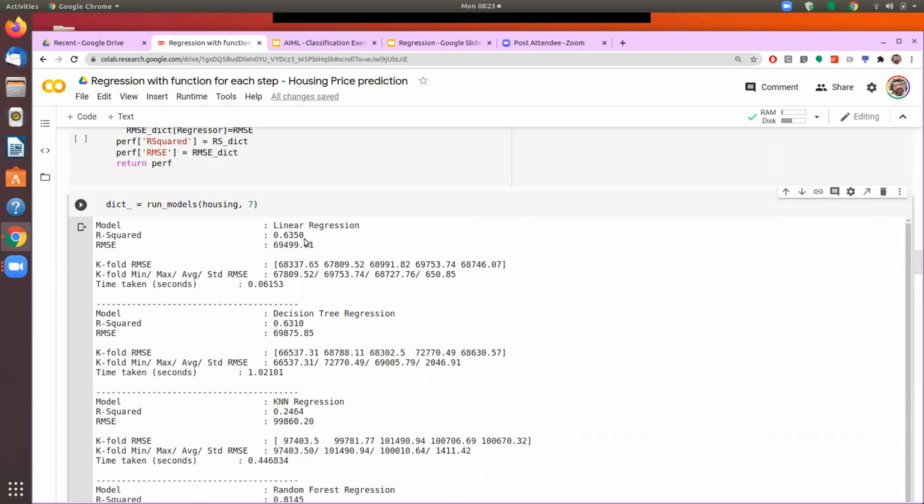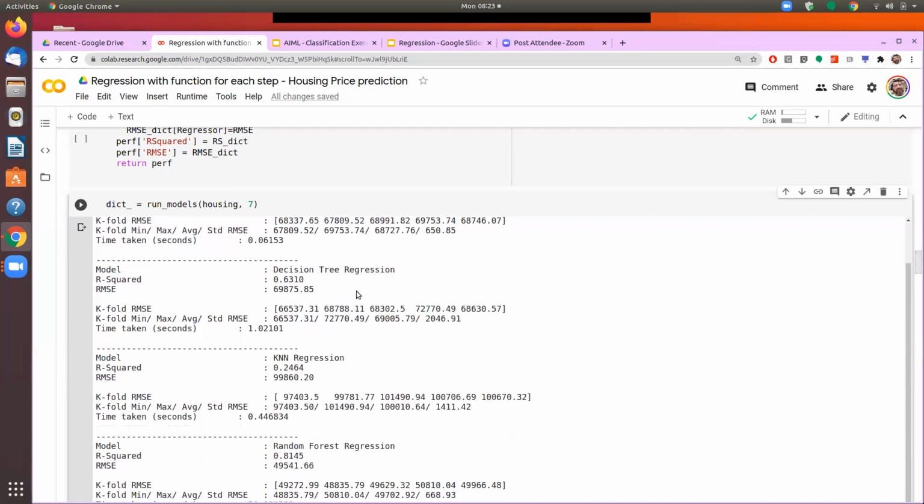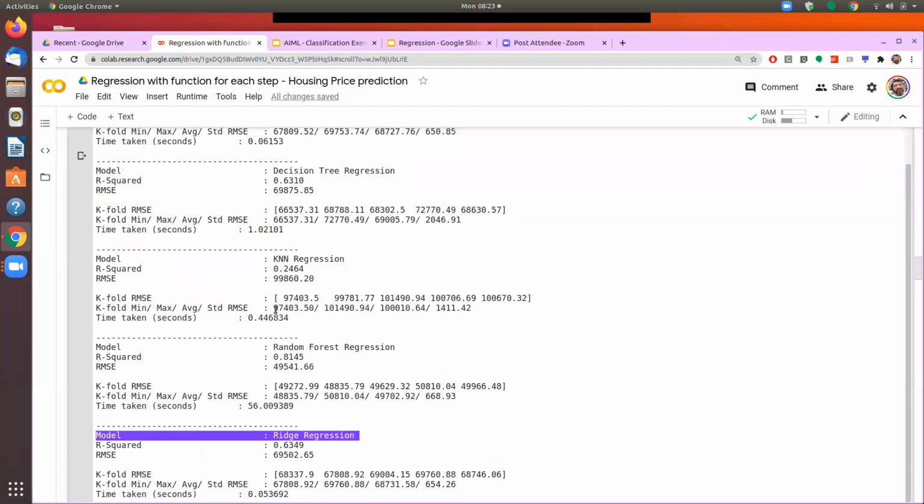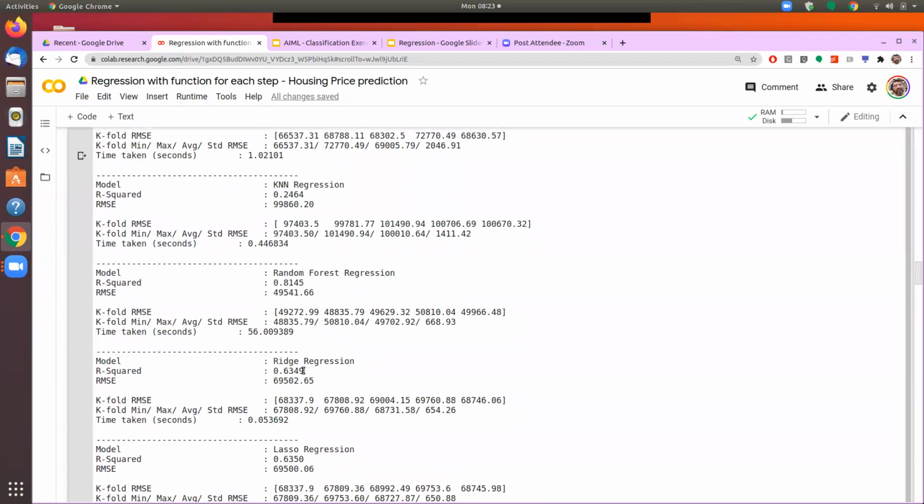So if you see here, the R squared was 0.63. Even if we apply the ridge regression, it is 0.6349 and it was 0.6350, absolutely no difference. And in the lasso, there is no difference at all.